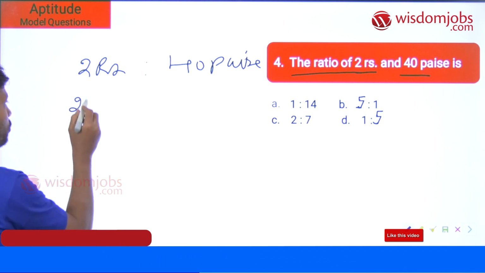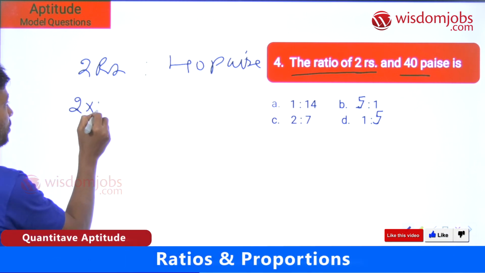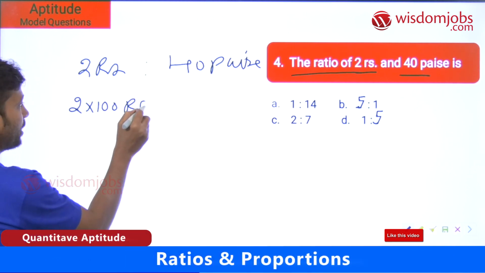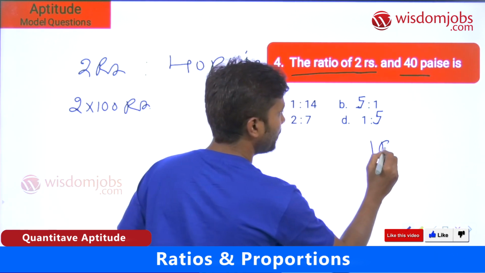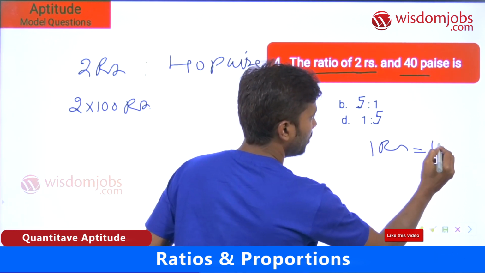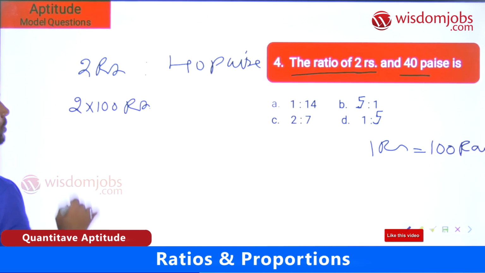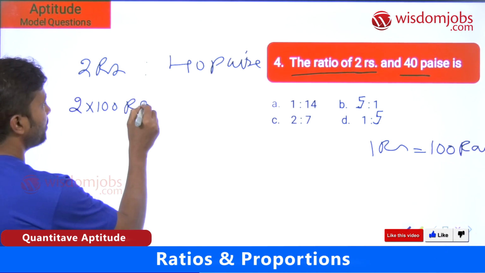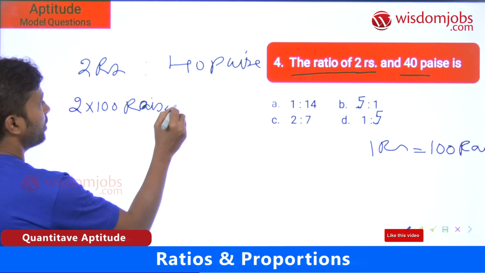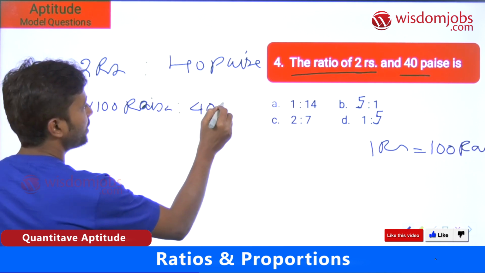So here 2 rupees means 2 into 100 paisa you can write. Why? Because 1 rupee is equivalent to 100 paisa. So 2 rupees will be 2 into 100 paisa is to 40 paisa, which is given.